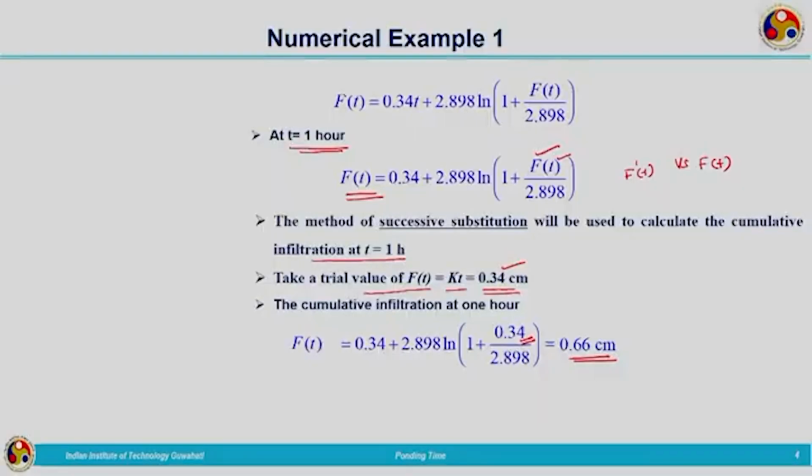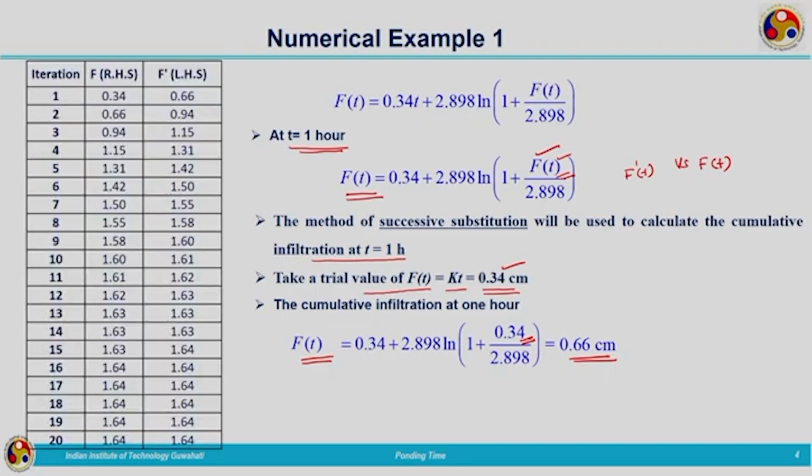Next, we will substitute F of t as 0.66. The value calculated based on the first assumption will be substituted for capital F of t on the right hand side. Again F dash t will be calculated and the check will be done until we get matching values.